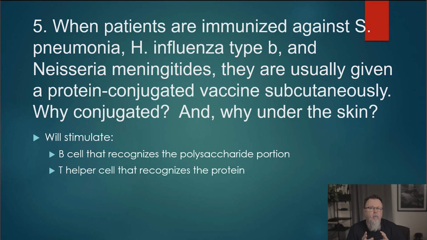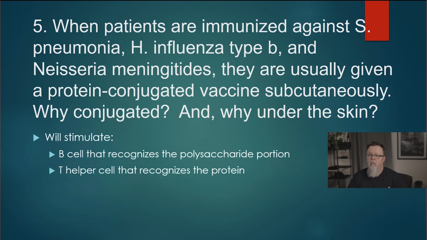And then a T helper cell that's going to be involved in the activation of that B cell is going to recognize the protein epitope that comes from that protein carrier that's going to be presented to the T helper cell. So it's the co-stimulation of that B cell by the polysaccharide portion of the vaccine, and the T helper cell recognizing its protein epitope that's going to result in an effective immune response.